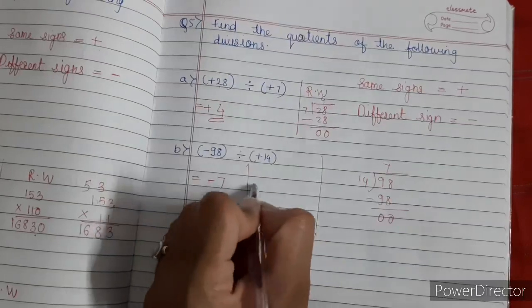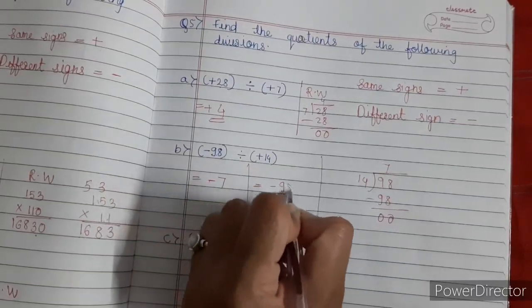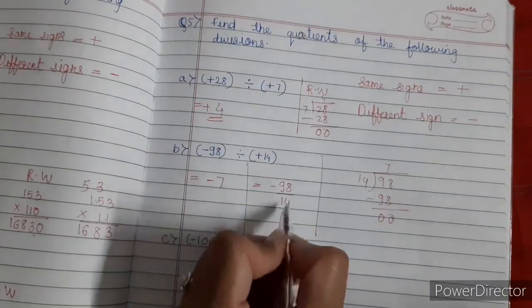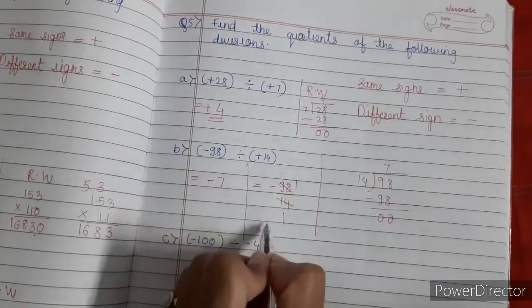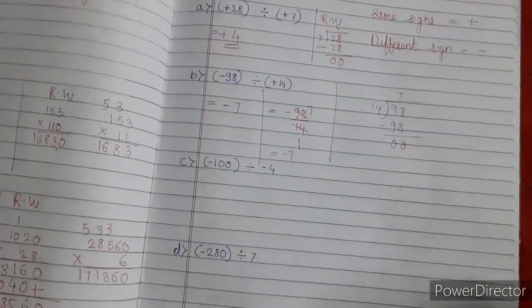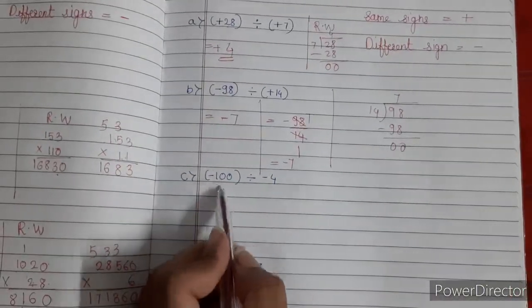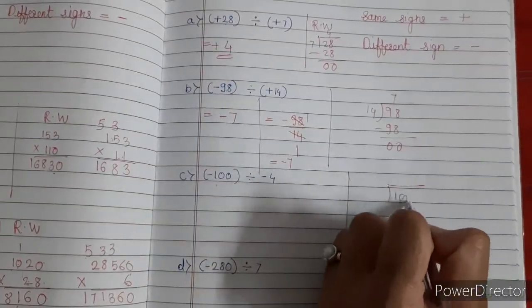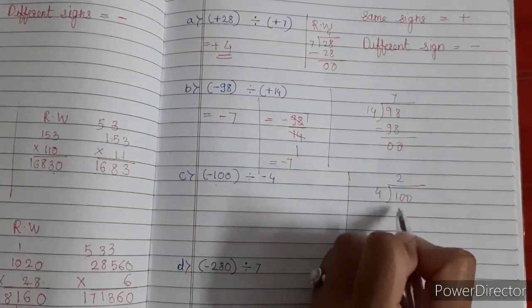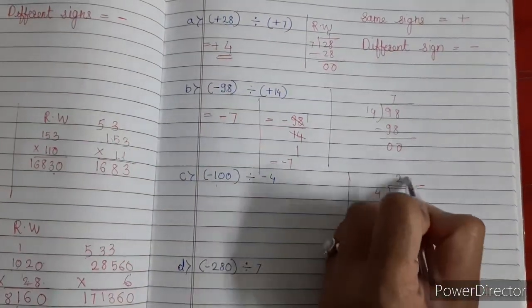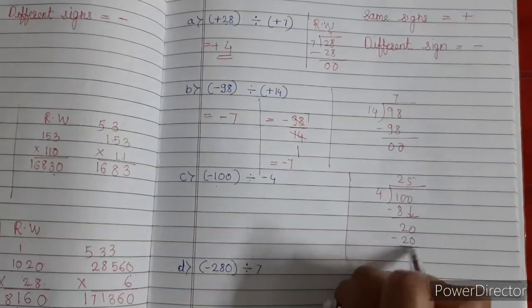You may also write this division in the form of a fraction and you may perform division directly. 14 sevens are 98, and the answer is minus 7. Next, minus 100 divided by minus 4. I'll divide as usual. 4 2s are 8, 4 5s are 20.